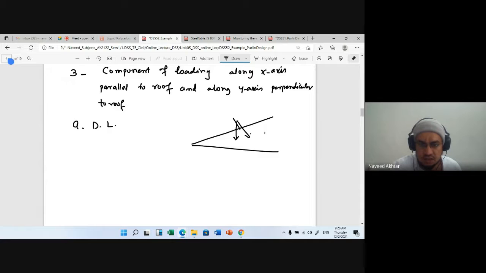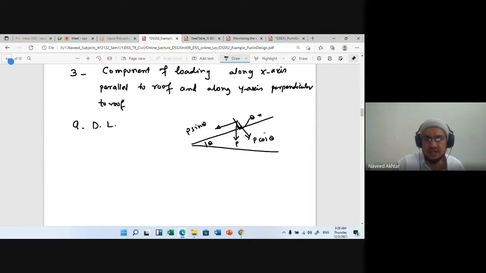So this is the x direction. This is theta. So the component will be p cos theta, and horizontally it will be p sin theta.